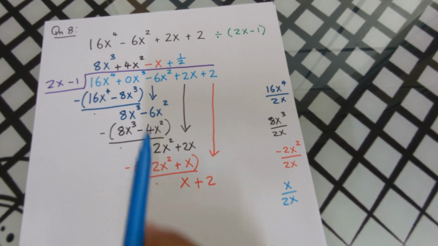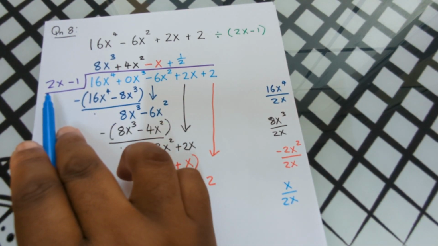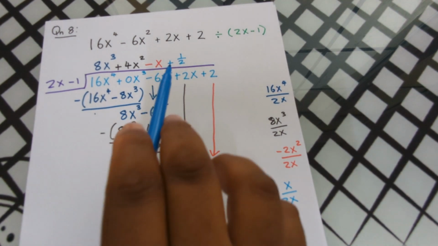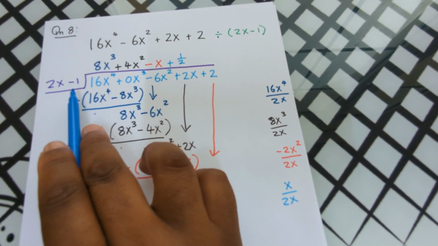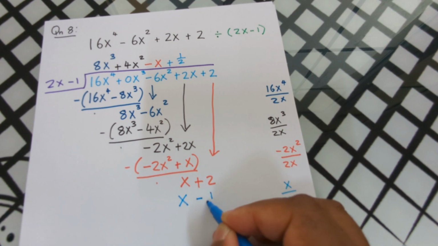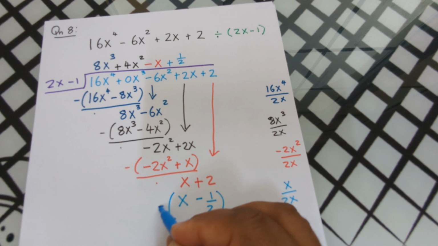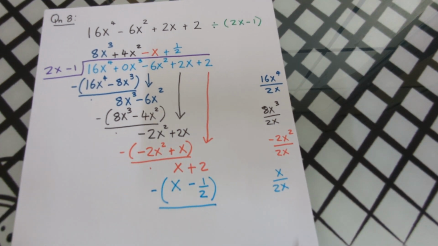And let's multiply 1 over 2 by 2x. It will go back to x. And 1 over 2 multiplied by negative 1 will be negative 1 by 2. Put our brackets and subtract.